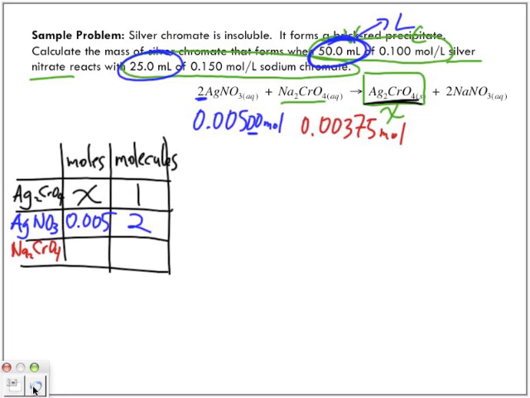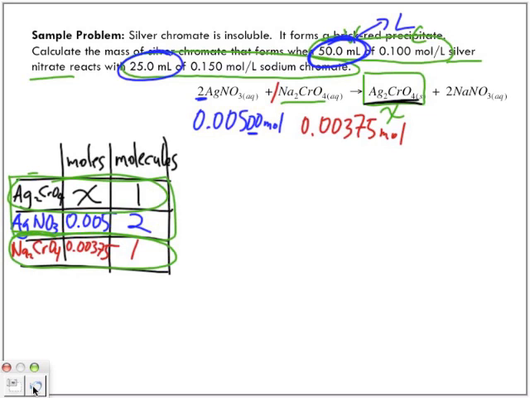How many moles have we created? 0.00375 moles. How many molecules do we have? We have 1 of them. So we want to figure out the number of moles of silver chromate that the silver nitrate is going to make, and then how many moles the sodium chromate is going to make.